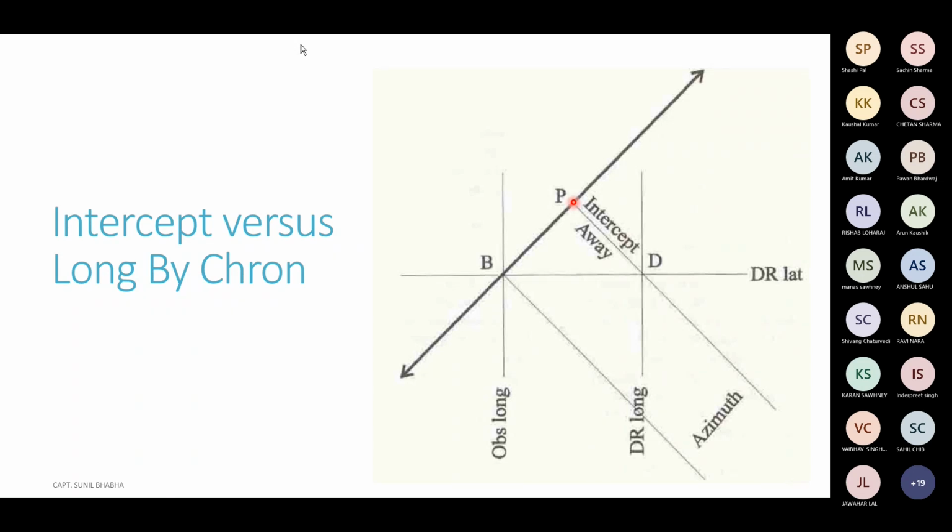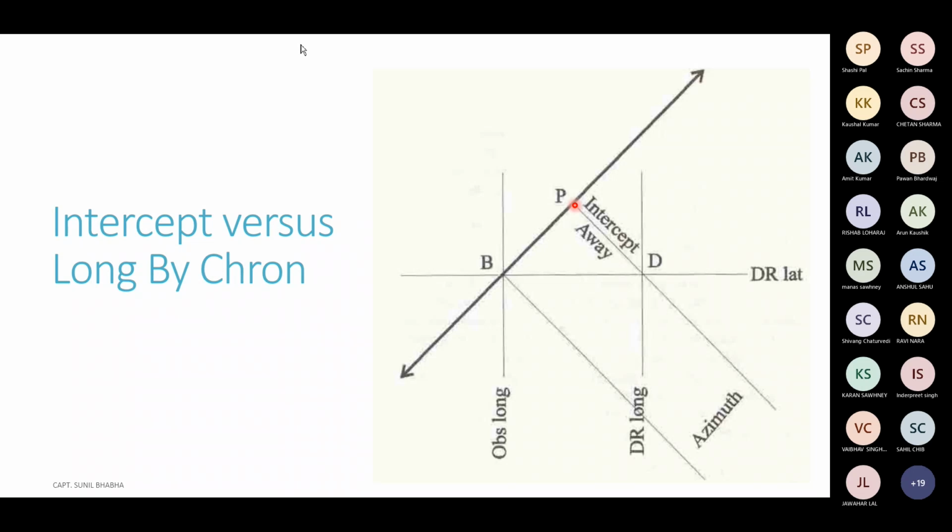So from this ITP, if you draw a line perpendicular to the azimuth of the body, you will get the PL again. And you will observe that from both these methods, whether it is long by Cron or the intercept method, the position line obtained will always be the same.